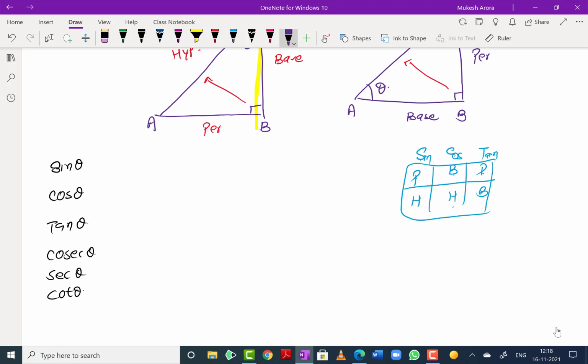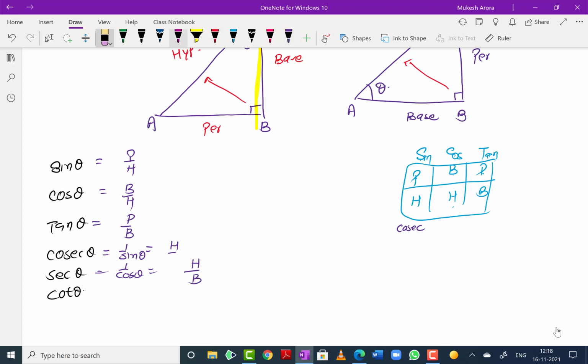So meaning by sine theta is perpendicular upon hypotenuse, cos is base upon hypotenuse, tangent is perpendicular upon base, cosecant is reciprocal of sine theta. So this will be cosecant, that means hypotenuse by perpendicular. Secant is reciprocal of cos theta, that is hypotenuse by base.